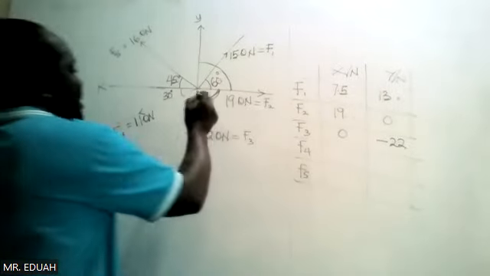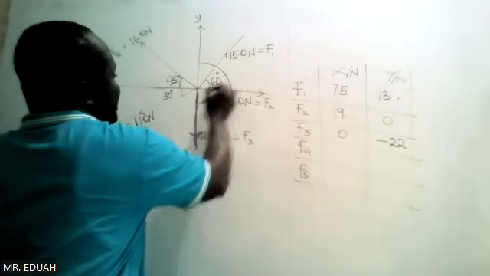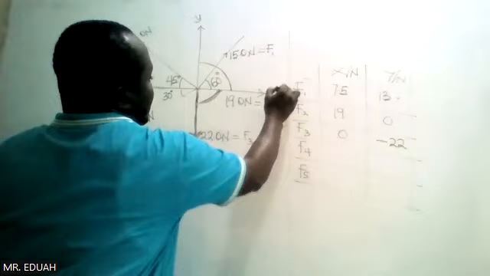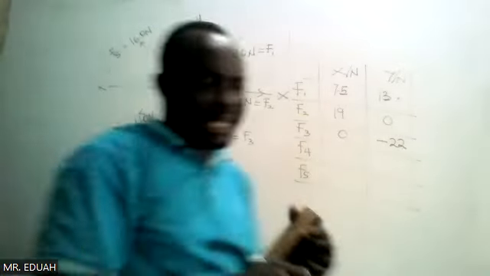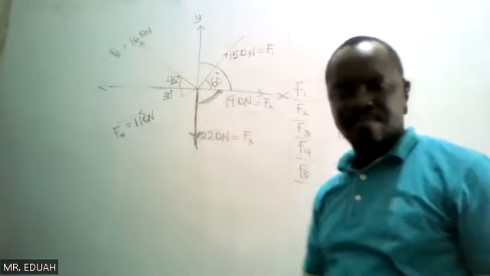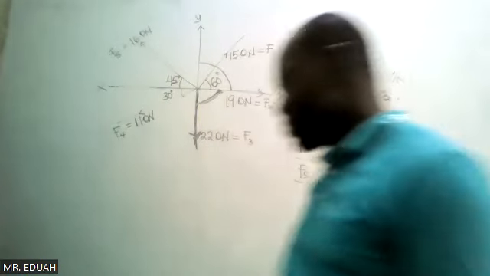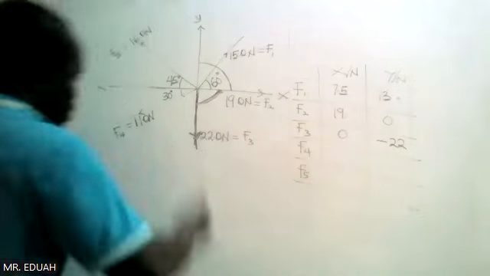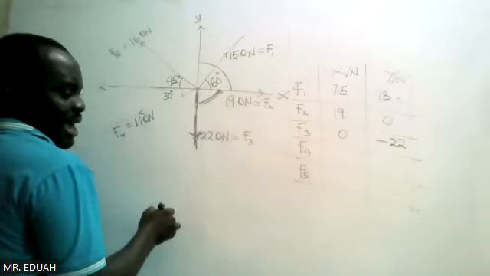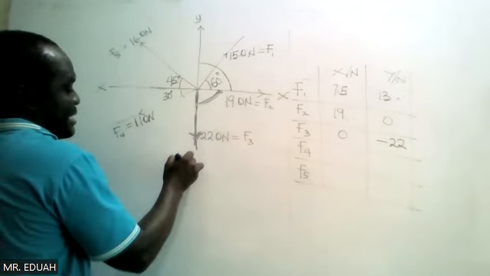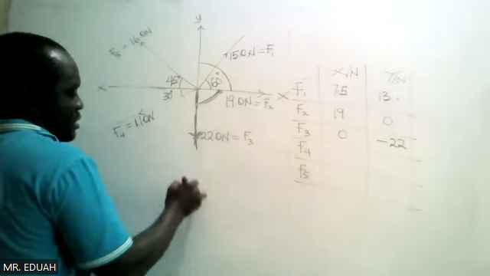If it makes an angle of 90 degrees with the x-axis, what angle does it make with the y-axis? Class, yes? 0. So when you're considering the angle it makes to the y-axis, it is sine cos.